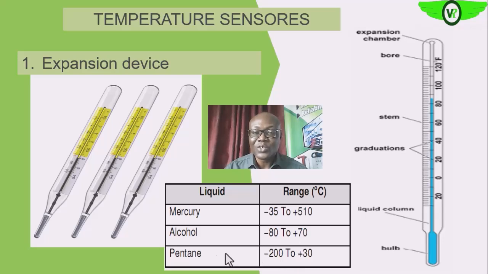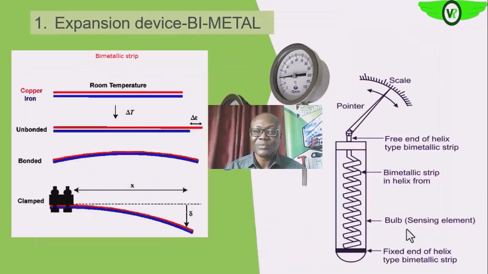So this kind of thermometer is fitting for cryogenic areas or cryogenic processes, and the alcohol to some extent. For a process that is very hot, the mercury in glass thermometer could give us a more reliable reading.